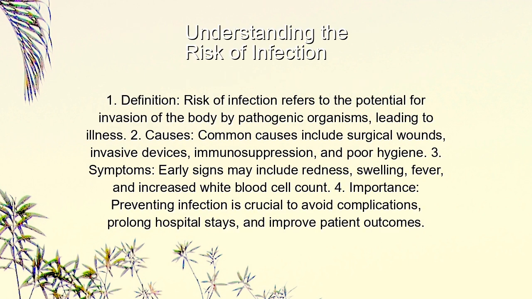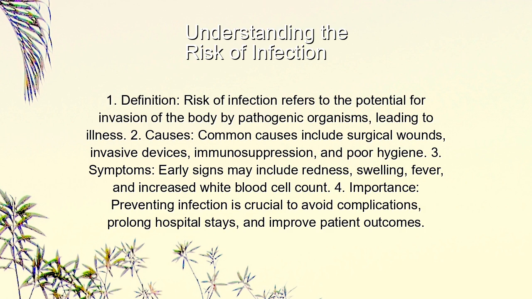Understanding the risk of infection. One, definition: risk of infection refers to the potential for invasion of the body by pathogenic organisms, leading to illness. Two, causes: common causes include surgical wounds, invasive devices, immunosuppression, and poor hygiene.